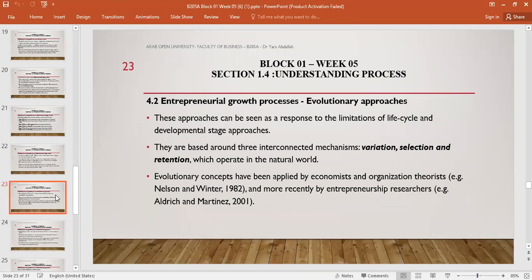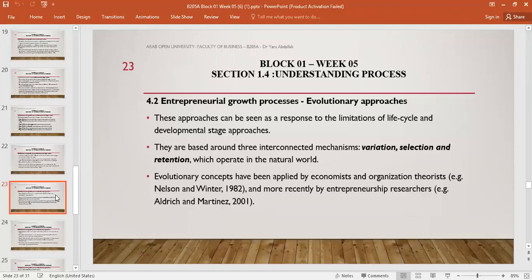Referring to the last model, the third model, evolutionary approaches. This model is completely different from the life cycle and the developmental stages. It tries to respond to the limitations of the life cycle model and the developmental stages model.